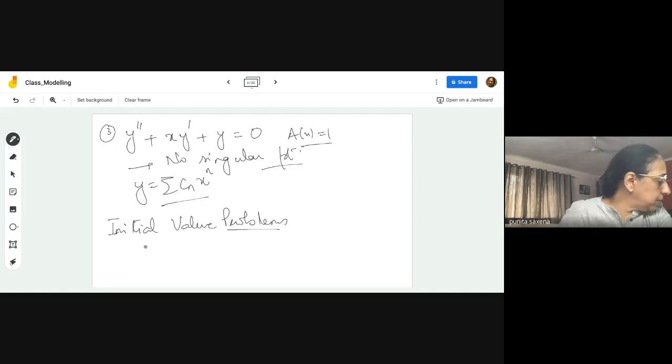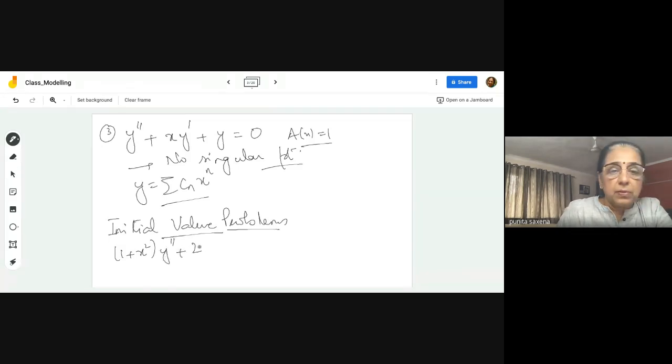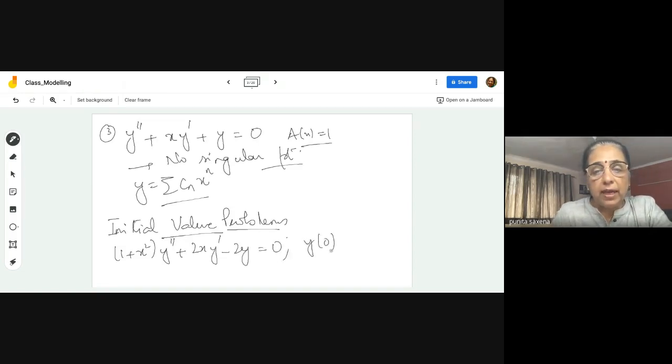So your problems number 16 and 17 are both initial value problems. You have a differential equation like this, plus 2xy' minus 2y equal to 0, and you are given that y(0) is 0 and y'(0) is 1.